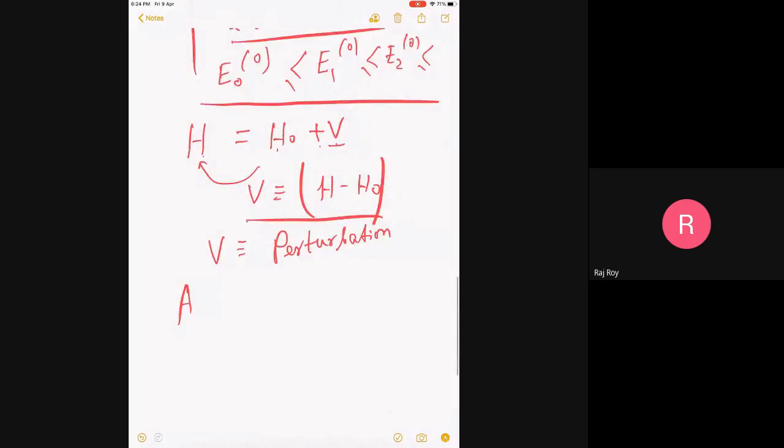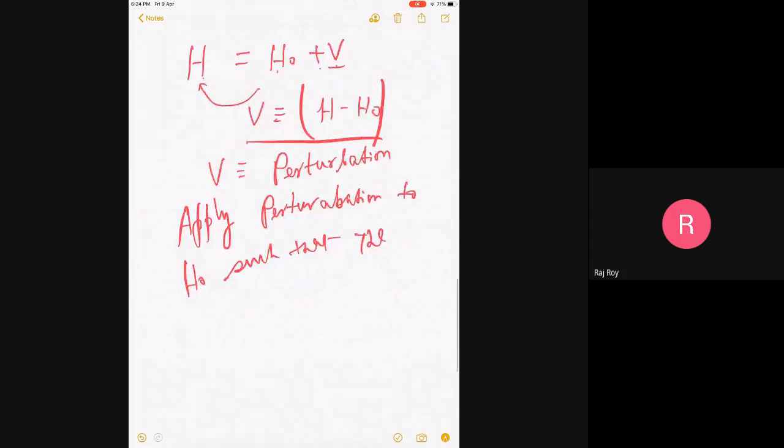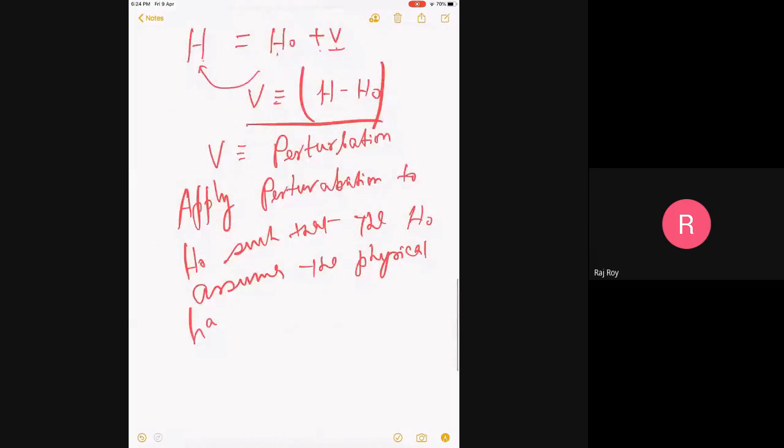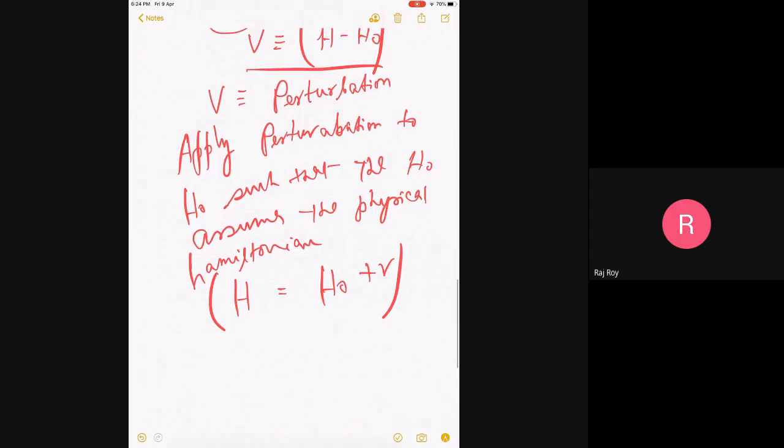So I apply the perturbation to H naught such that H naught now assumes the physical Hamiltonian. Well, what I mean here is that if I add the perturbation, H naught plus V becomes equal to H. So this is the relevance to the Schrodinger equation.